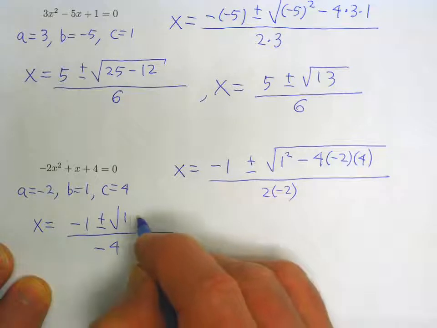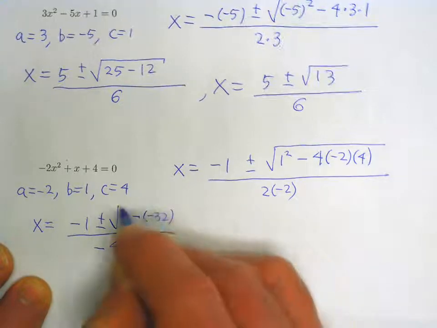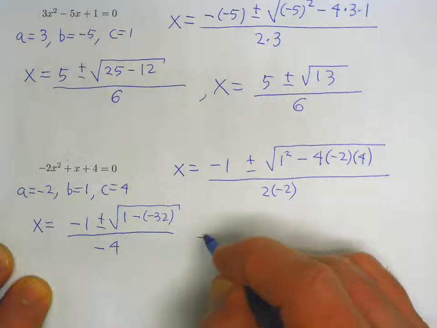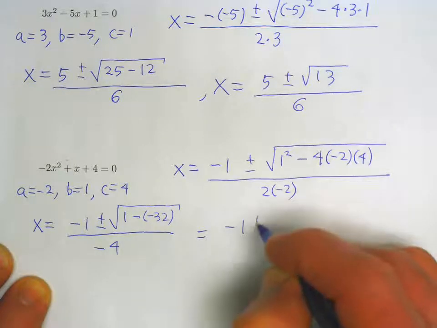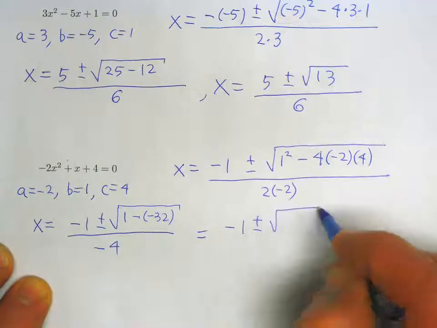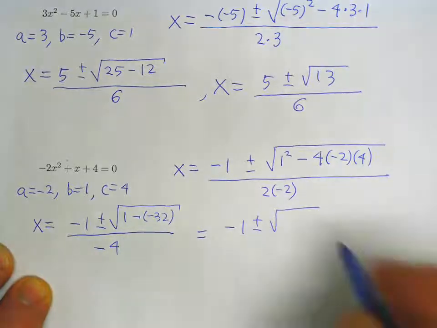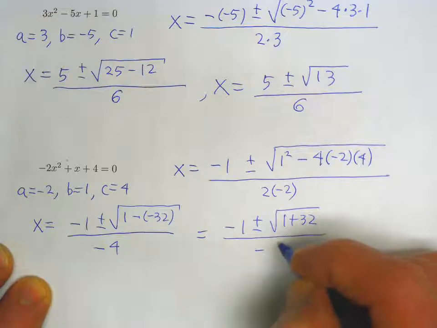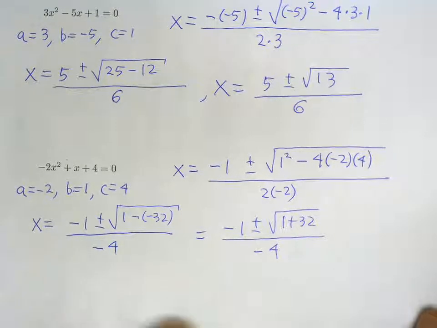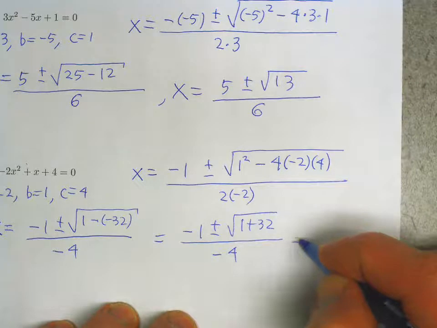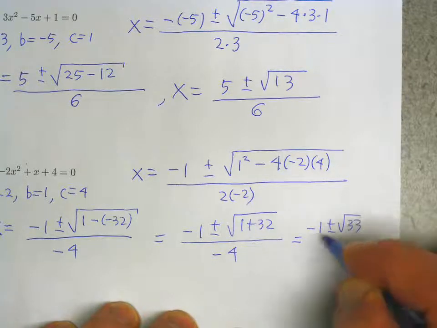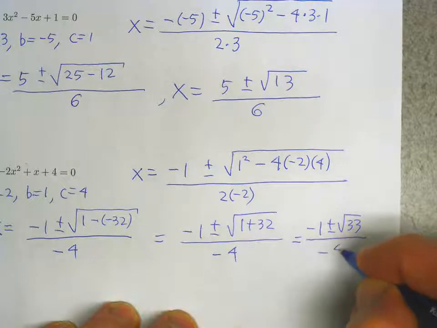So 1 minus -32. Okay, then we write -1 plus and minus the square root of 1 minus -32 is 1 plus 32. And then all divided by -4. So we write -1 plus and minus the square root of 33, all divided by -4.